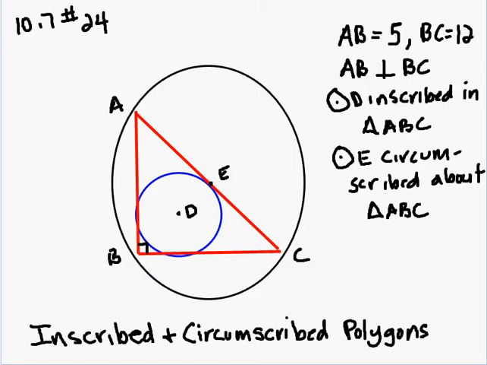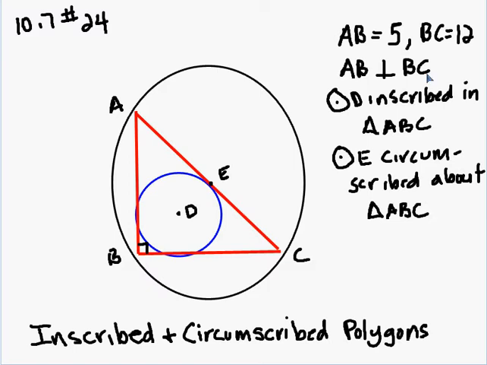perpendicular to BC. We also know that because circle D is inscribed in the right triangle, there are several tangents that connect with circle D, and those tangents are AC, BC, and AB.